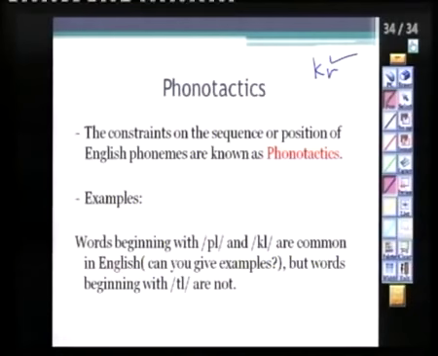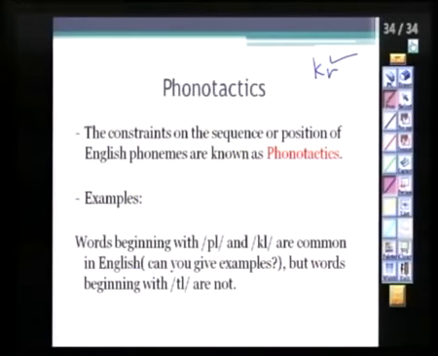Now we call the rules or the constraints, okay? The rules or the constraints that actually determine what combination of sounds you should have, phonotactics. So we said, if you remember, I told you phonological rules. Actually, they have a name. We call this phonotactics. So the phonotactics of English allow you to have a combination of /k/ and /r/.